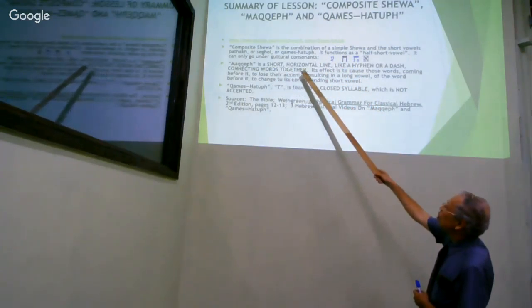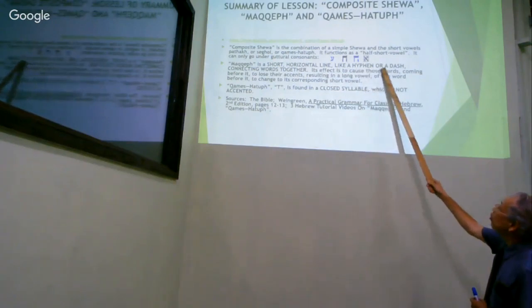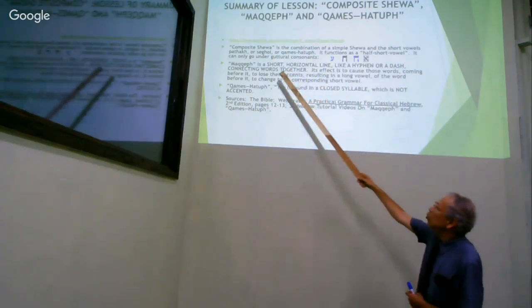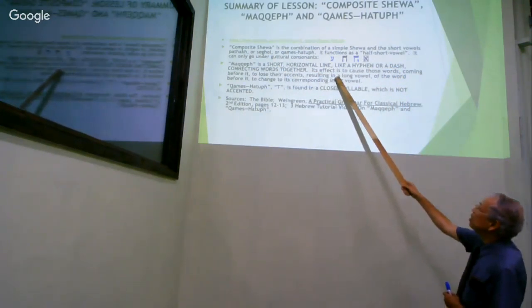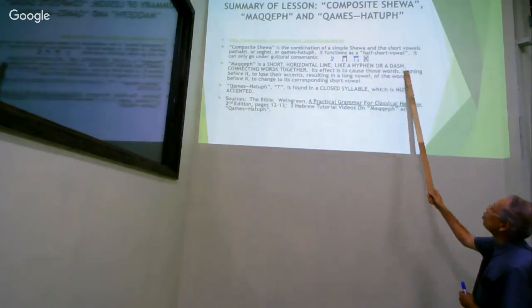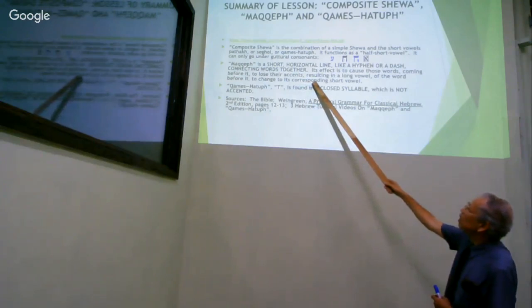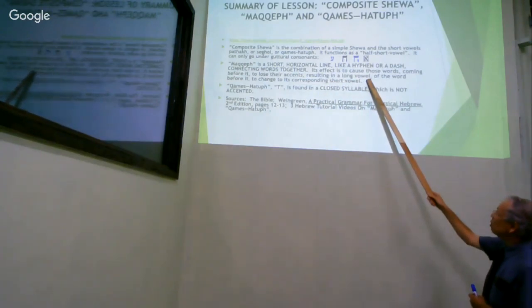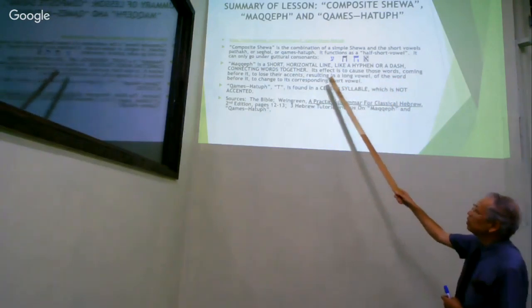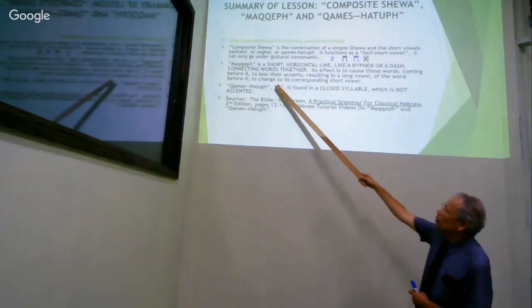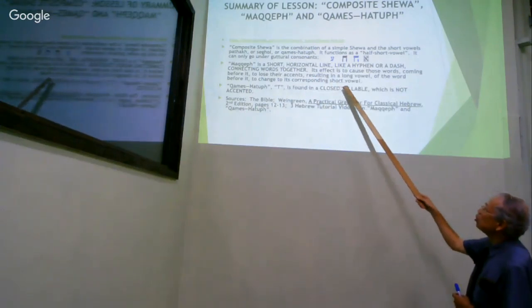Maqqeph is a short horizontal line like a hyphen or a dash, connecting words together. Its effect is to cause those words coming before it to lose their accents, resulting in a long vowel of the word before it to change to its corresponding short vowel.